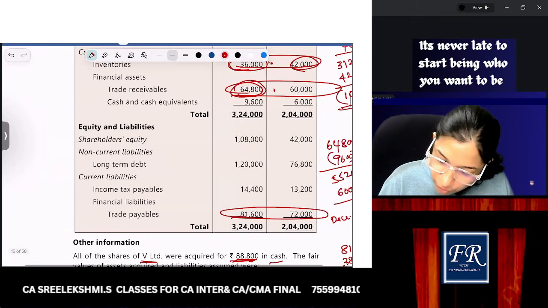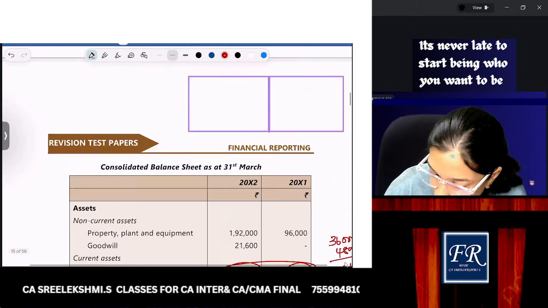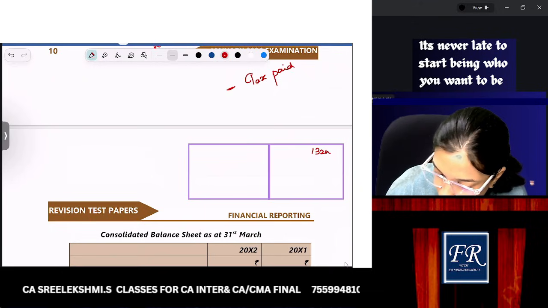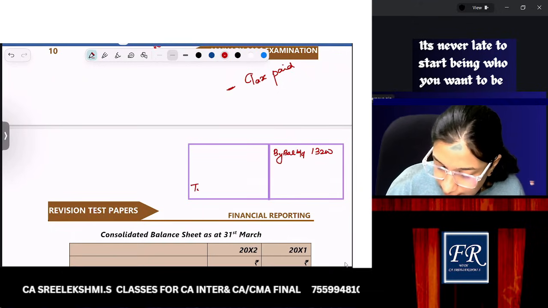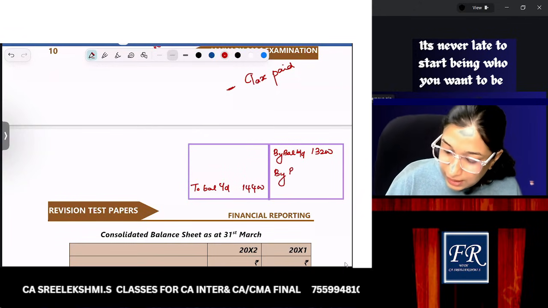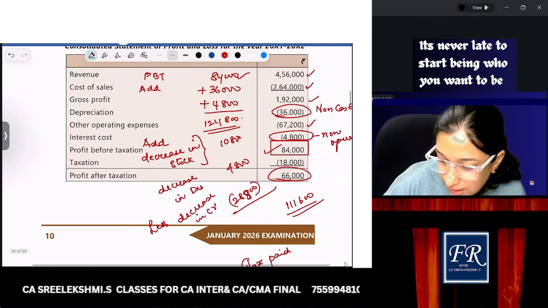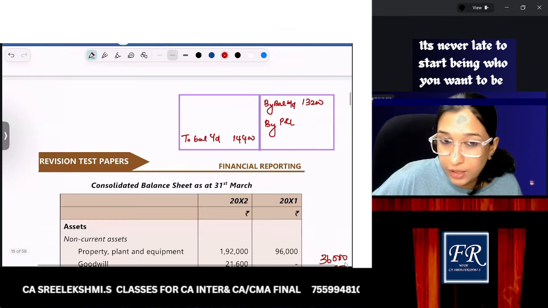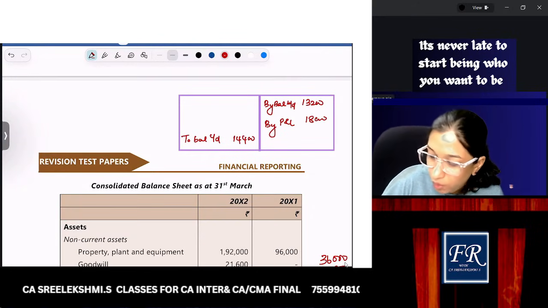Previous year opening provision is 13,200, closing provision is 14,400. So opening provision brought down, closing provision carried down 14,400. Provision created in the current year, provision by P&L 18,000. 13,200 plus 18,000 minus 14,400.